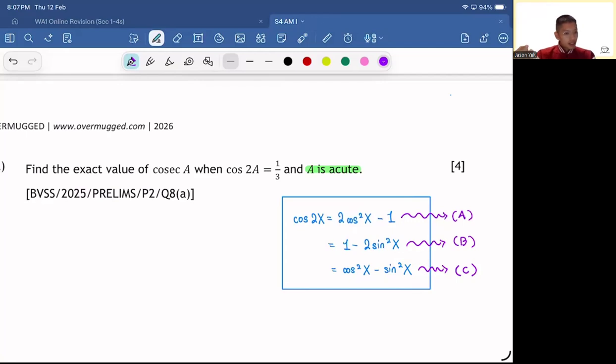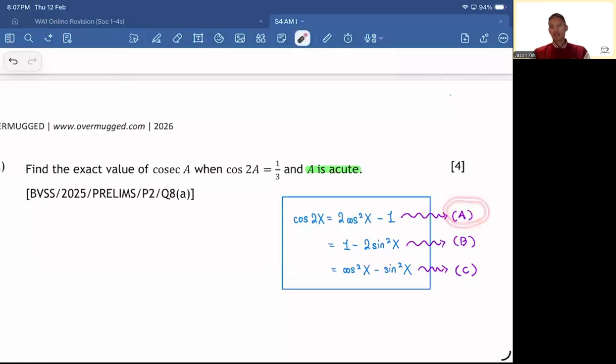I already said, if you want to use A, B, or C, can. It's just which one is most effective. Thank you for your answers, Kaden and Lionel. If you use A, also correct. You use B, also correct. You use C, also correct. What I want you all to do is find which one is the most effective.